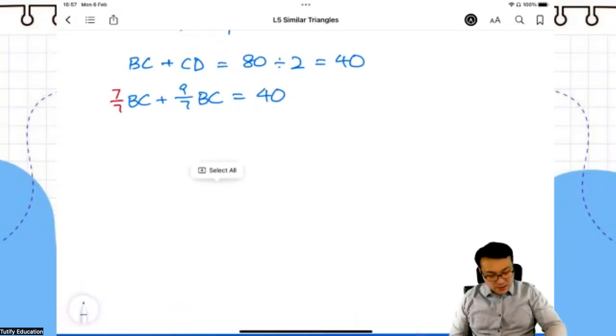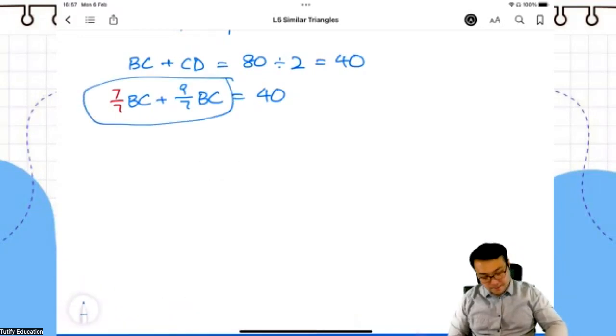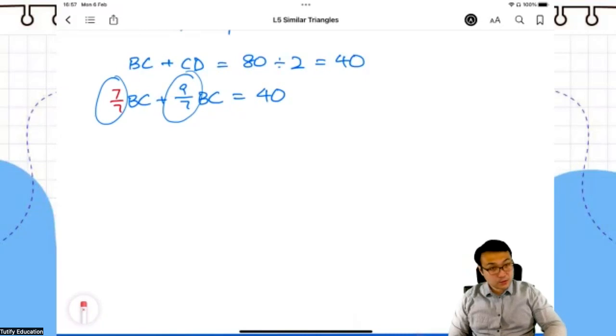Can you help me add these two together? What do I get? Just add this first. 23/7. How did you get 23? Oh, wait.